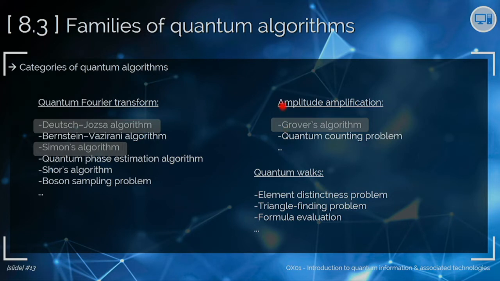And there's also perhaps a third category, the so-called quantum walks family, where you have other types of algorithms and problems, something called the element distinctness problem or the triangle finding problem. These use what's called a quantum walk or quantum random walk, which is the quantum version of the random walk.